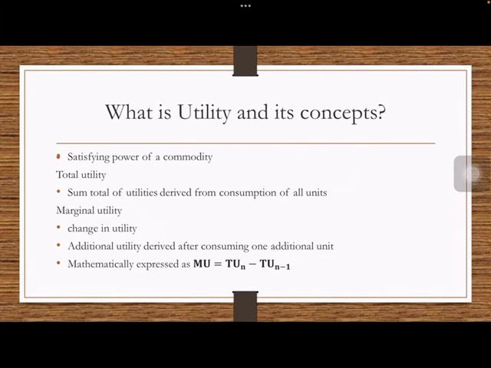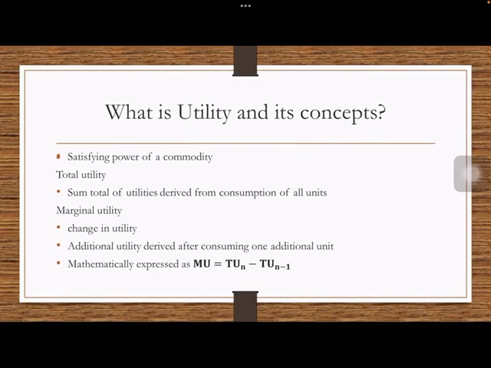And the change in total utility is termed as marginal utility. Marginal utility can be measured by the formula MUn = TUn minus TUn-1. One more formula: MU = delta TU by delta Q. And if you add the marginal utilities, you can get total utility.